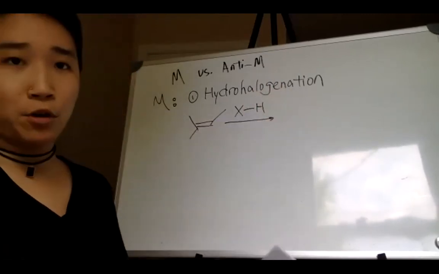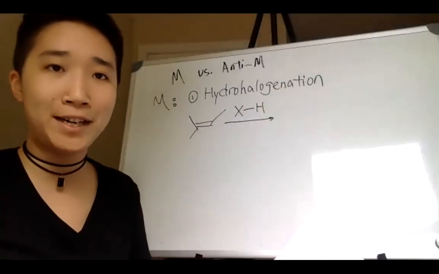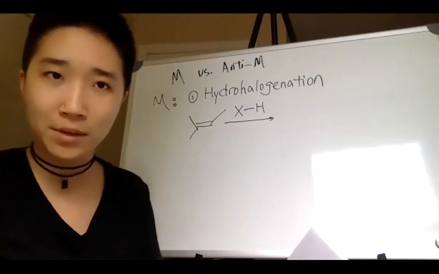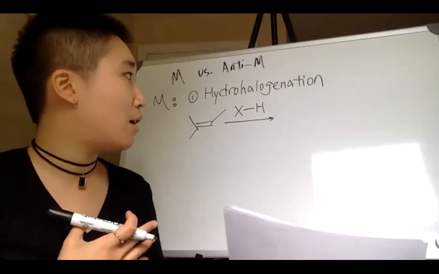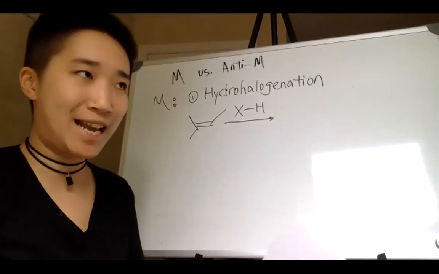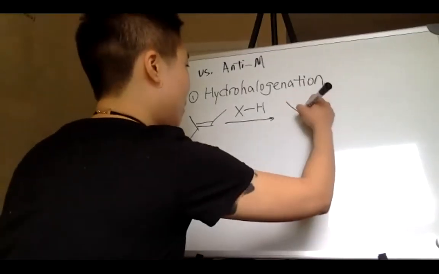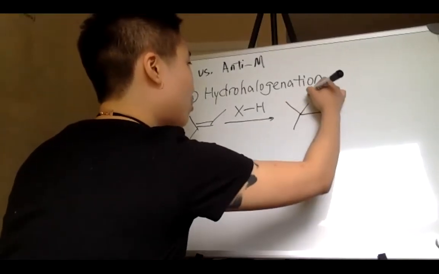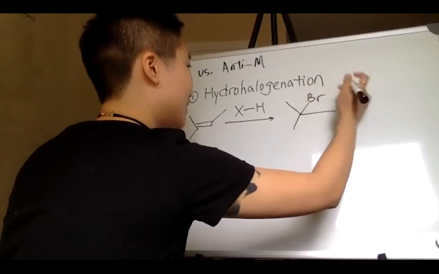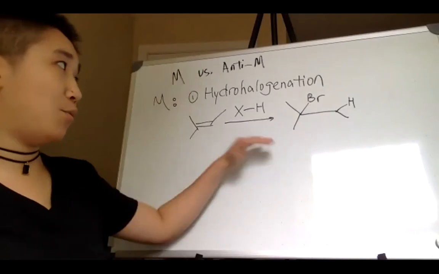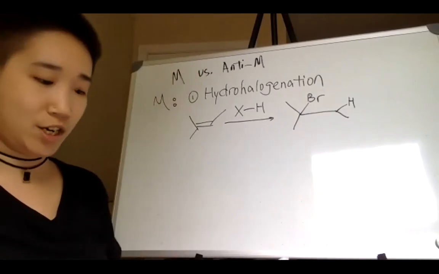X could be bromine, chlorine, fluorine. Well, fluorine is very uncommon because HF is a nasty chemical to deal with. So mostly hydrobromic acid or hydrochloric acid, which is HCl. And we're going to end up with the bromine on the more substituted side and the H on the less substituted side. So that's one example of Markovnikov addition.